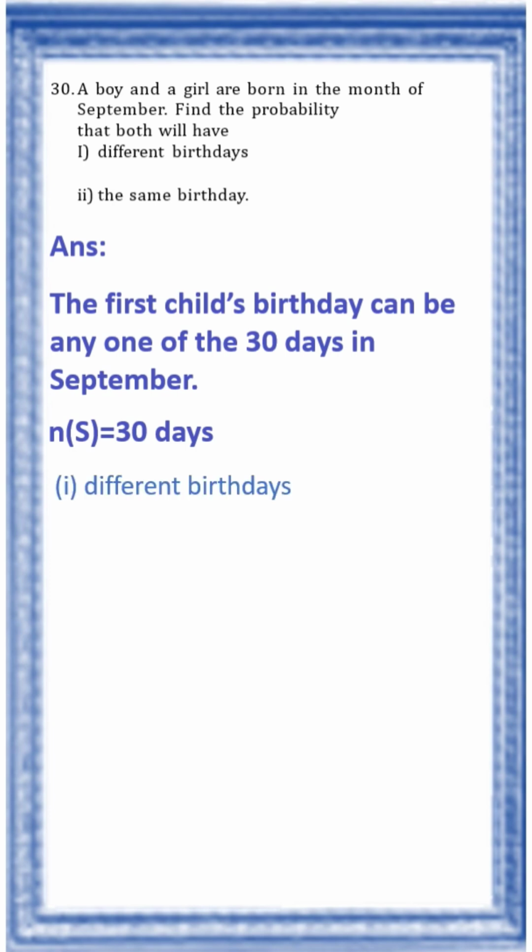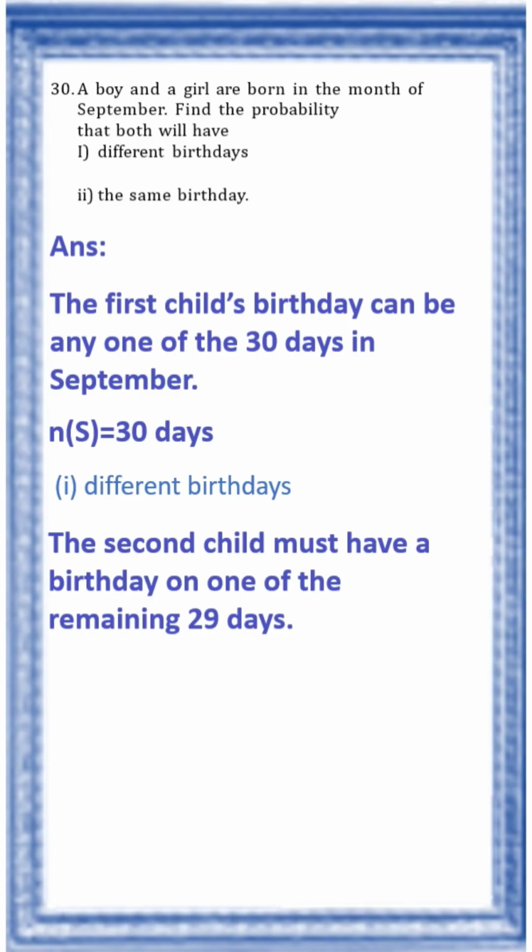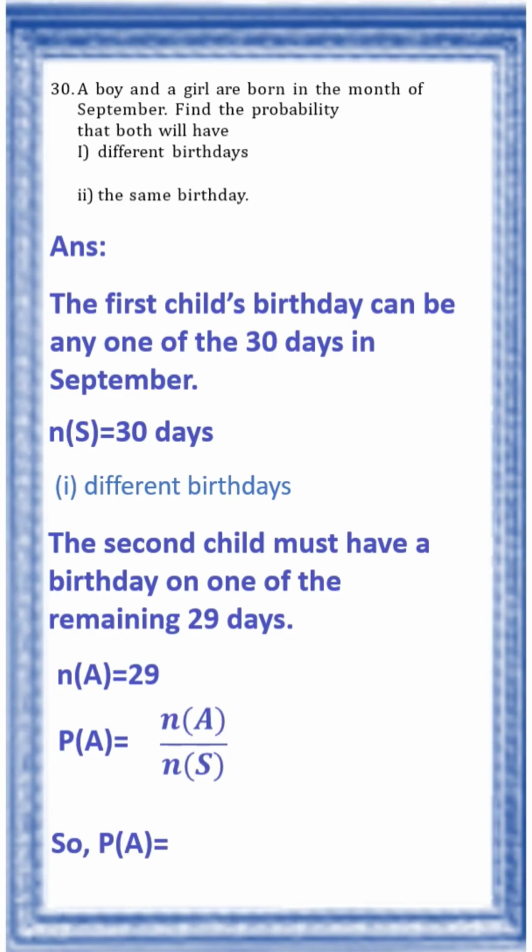In different birthday, boy and girl. If a boy's birthday can be celebrated on any one of the 30 days, then the second child will have birthday on one of the remaining 29 days. One is fixed, other days 29. So number of A is 29. Now we know that P of A is equal to number of A upon number of S, that is equal to 29 by 30.